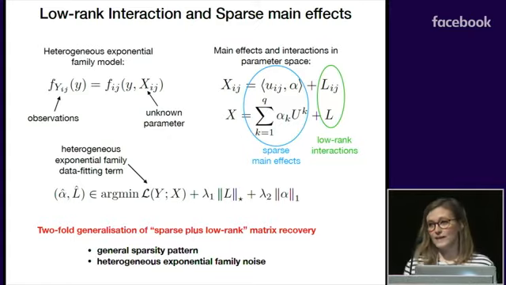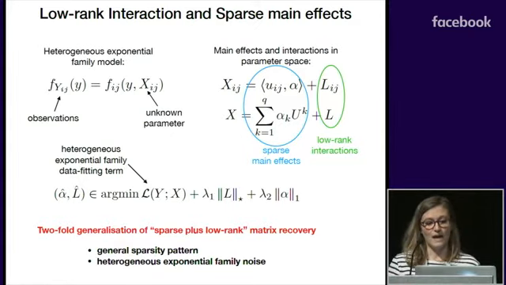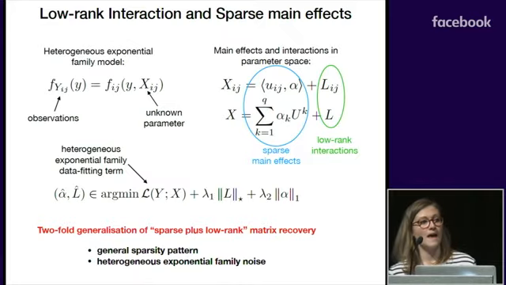The goal is to estimate the main effects alpha and the interaction matrix L, and we do that by minimizing a data fitting term, penalized by the nuclear norm of L, which induces low-rank solutions, and the L1 norm of alpha, which induces sparse solutions. In fact, this estimation problem is a twofold generalization of a well-known problem in statistics, which is called sparse plus low-rank matrix decomposition.